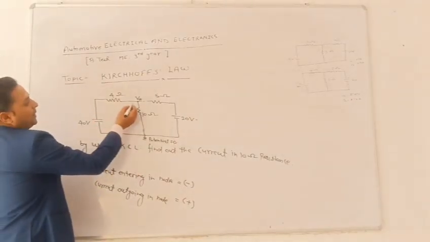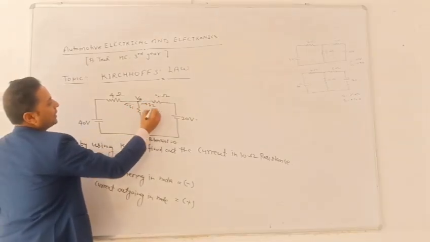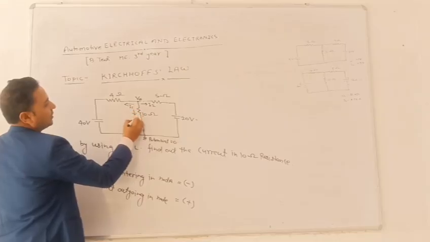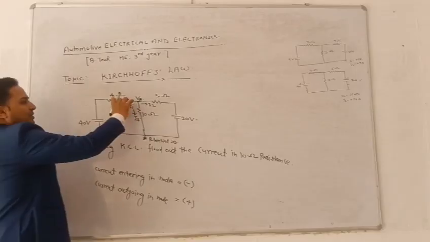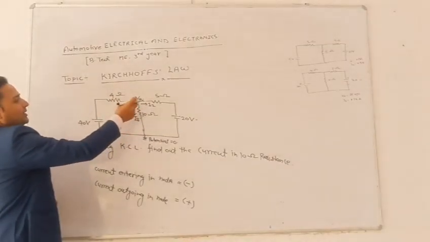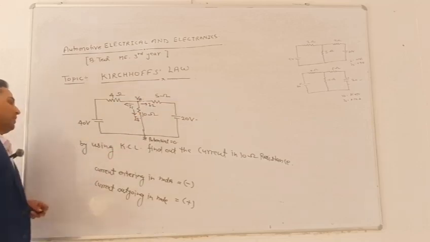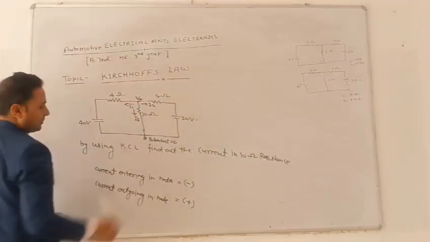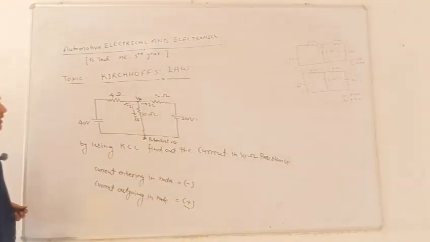So if we take current I1 here, I2 here, and I3 here, these three currents are leaving the node VA, so all the signs will be positive.